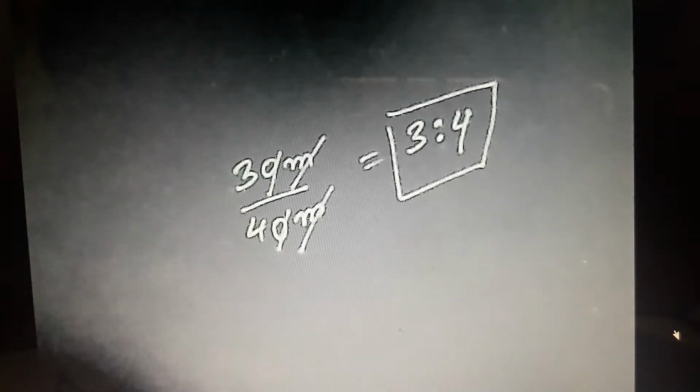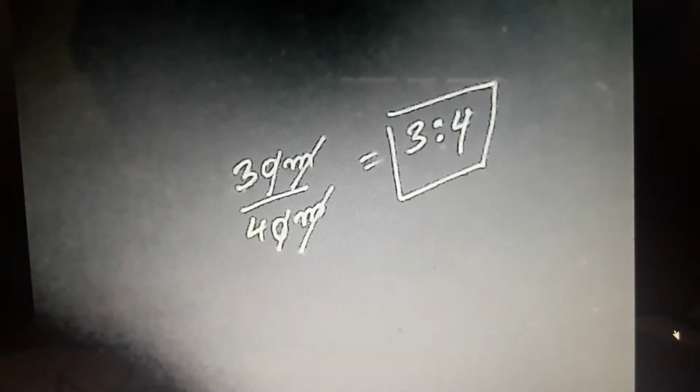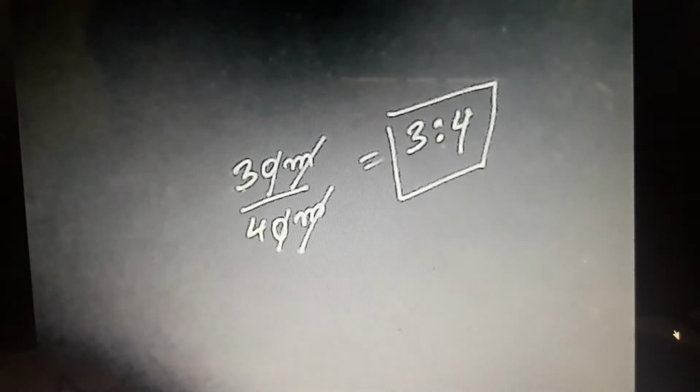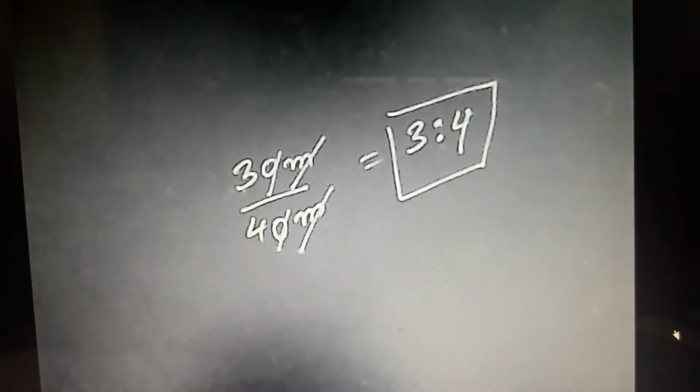Now let's discuss a few examples. Let's try to solve a couple of examples and see what we can do. Let's say we have an example: the number of boys in a school is 1200 and the number of girls is 800. Find the ratio of the number of boys to the number of girls in the simplest form. Okay, let me write it for you.